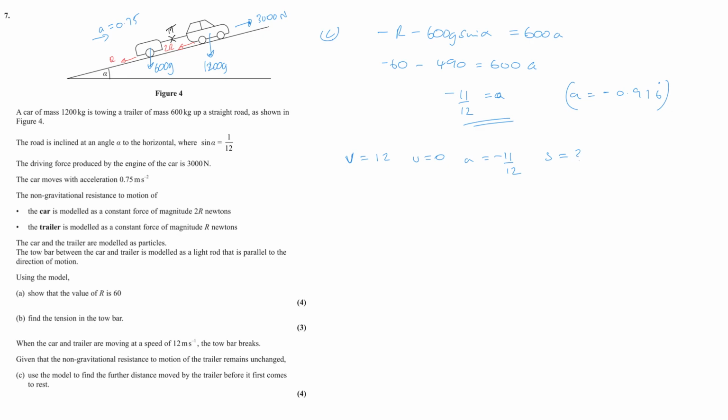So V, U, A and S: V squared equals U squared plus 2AS. Sorry, V is 0, U is 12 there. So that's 0 equals 12 squared plus 2 times minus 11 over 12 times S. 144 minus 11 over 6 S. 11 over 6 S equals 144.